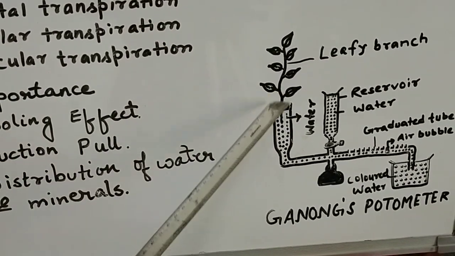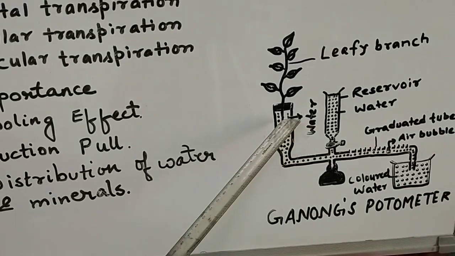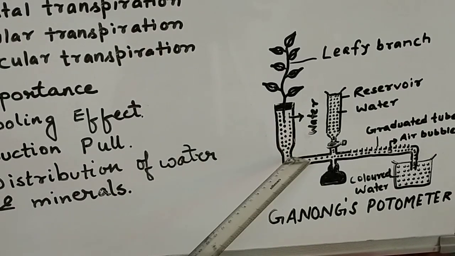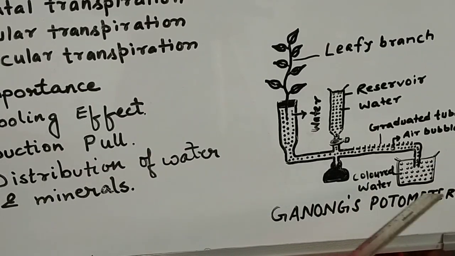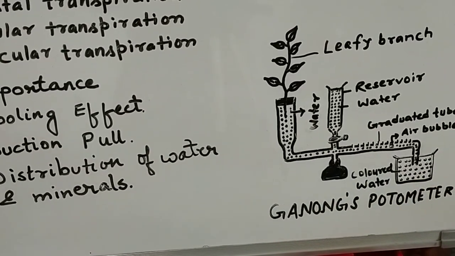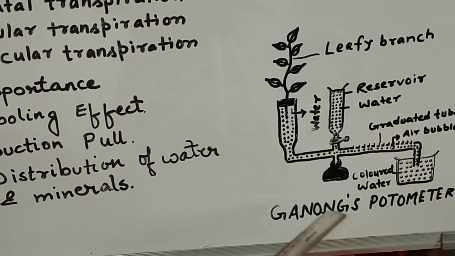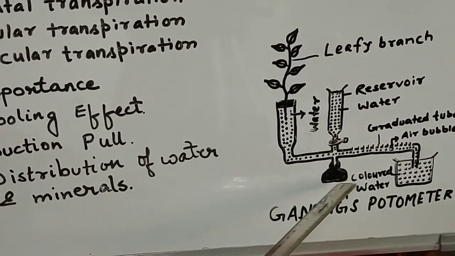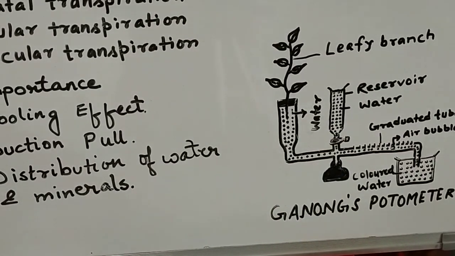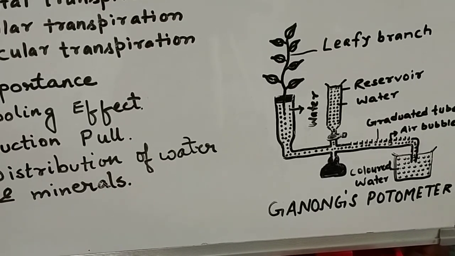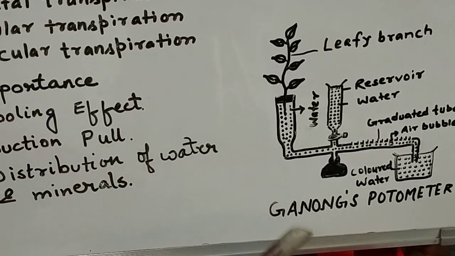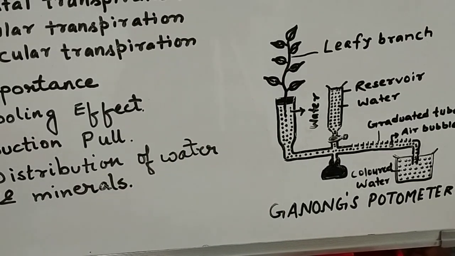You can see a flask which holds a leafy twig or branch without root. Water is filled up through the delivery tube and through the bent tube which is inserted into a beaker. And there is a reservoir with a stopcock and stand. This reservoir helps in adding extra water into the delivery tube after there is a decrease in the water level there.